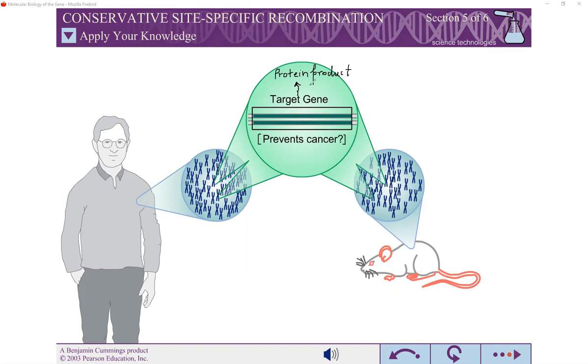That is what you have in your mind. You just have to look at that particular case scenario. So let us have the first question. There is a gene, there is a protein. You have to just understand whether the protein product of that gene will prevent cancer or not.